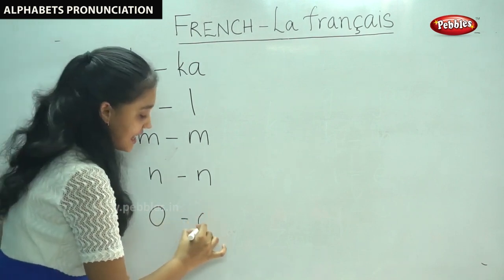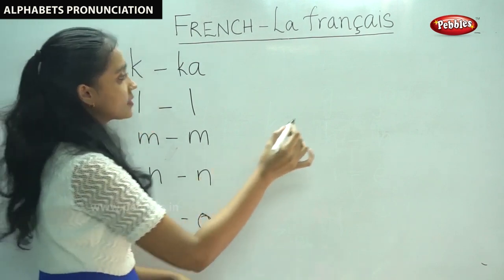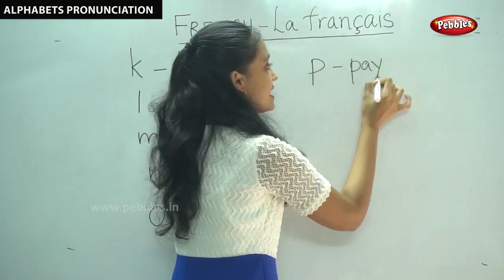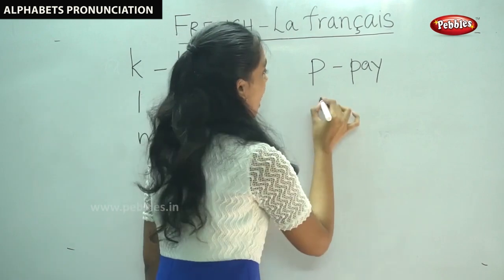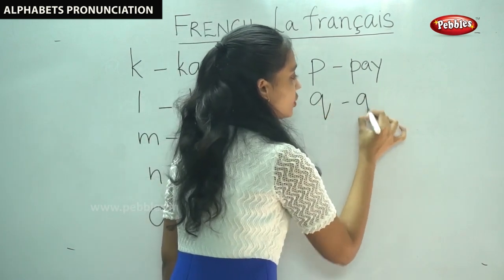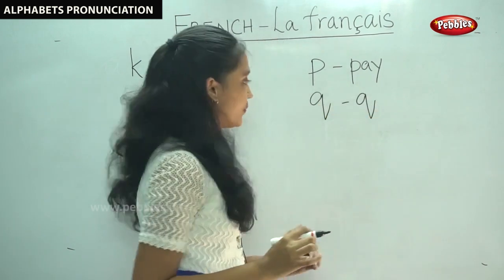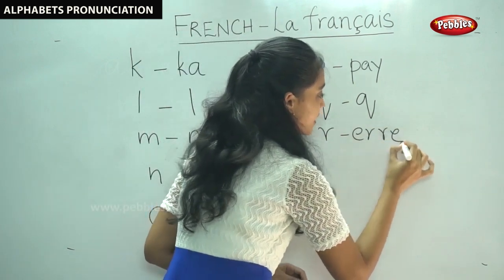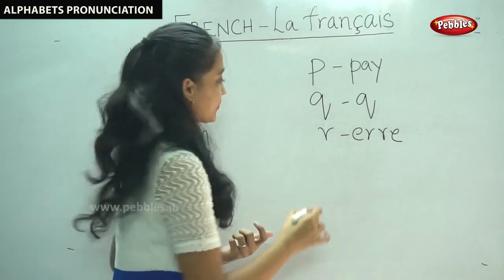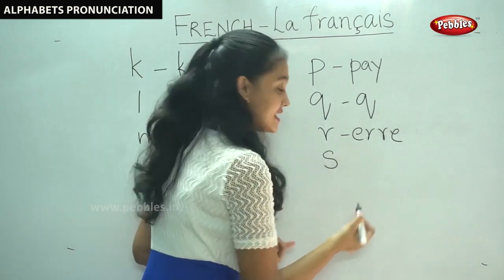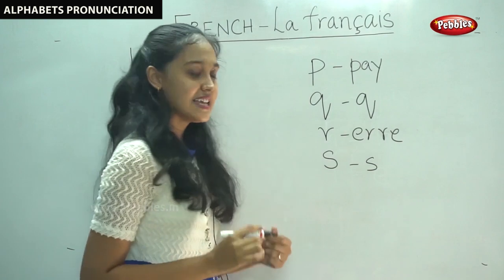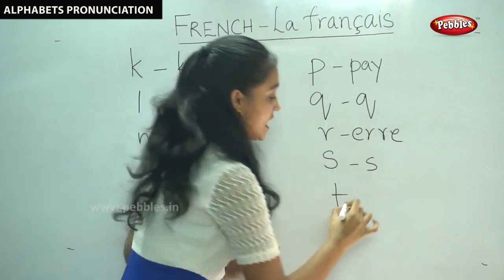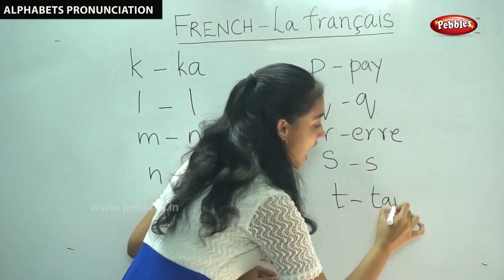It is pronounced as O. The letter P is pronounced as P. The letter Q is pronounced as Q. The letter R is pronounced as R. The letter S is pronounced as S. The letter T is pronounced as T.